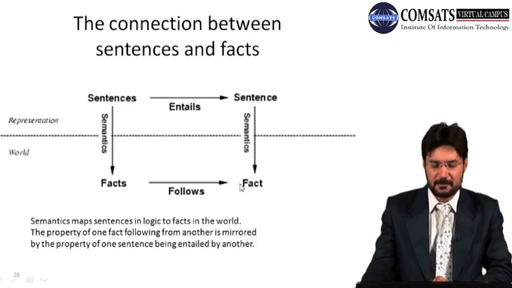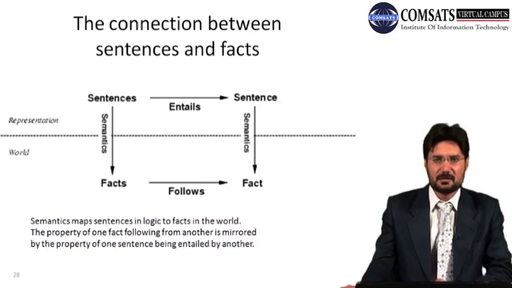So we will convert the facts also. This is a very simple diagram where you can understand that for knowledge representation we need sentences, and then we need semantics, which is the understanding of it, which we keep as a fact, and then we use this fact in our computer agent, in the computer program.